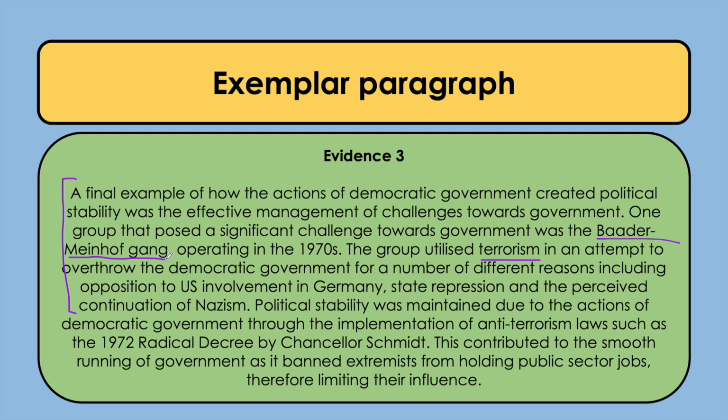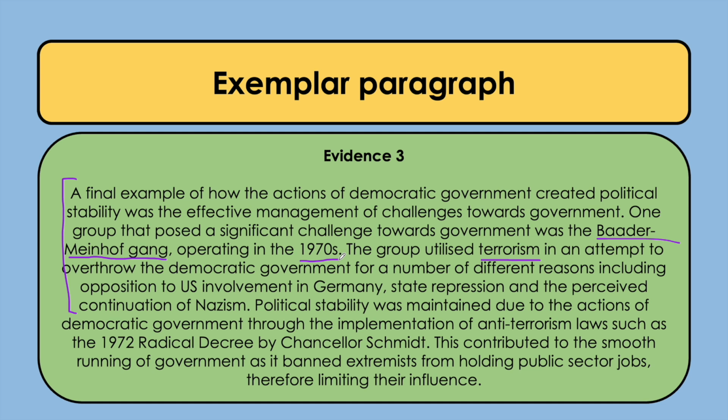Now, before I delve into that, what's really important about this piece of evidence is the year. Okay, it's the time period. My two other pieces of evidence that I've used have focused on the earlier period of the FRG. What this piece of evidence is helping to do is meet the requirement of the scope of the question.